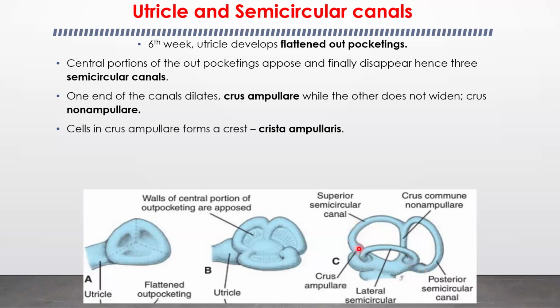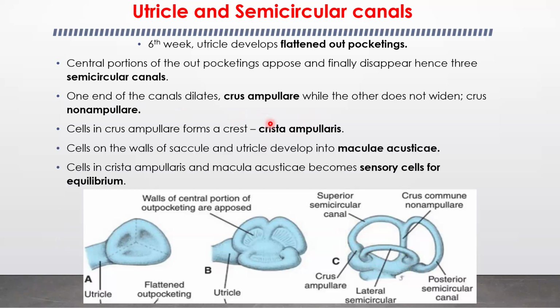So this crus ampullare, now they form a crest. Inside it will have a crest, which is crista ampullaris. And then this crista ampullaris is one that now will be containing the hair cells for equilibrium. So cells on the walls of the saccule and the utricle develop macula acousticae. So remember, you'll have the utricle here, and then you had the saccule from our previous slide.